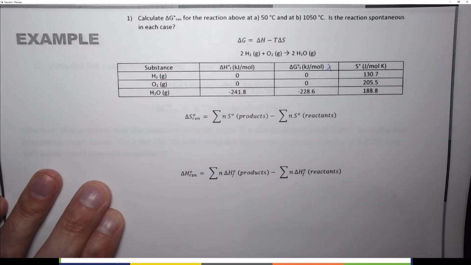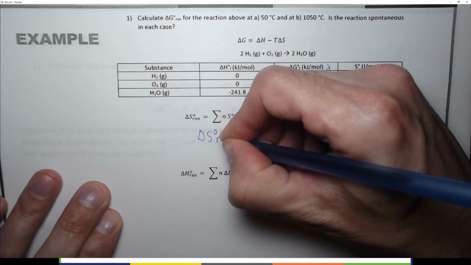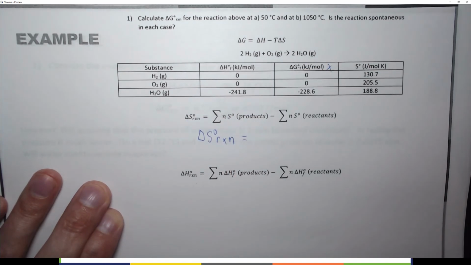To calculate delta S of this, we actually already did this in a previous section. The delta S naught of the reaction is going to be products minus reactants.